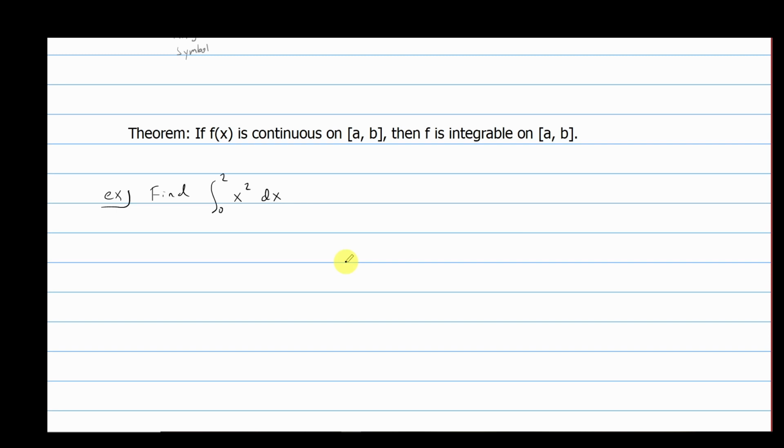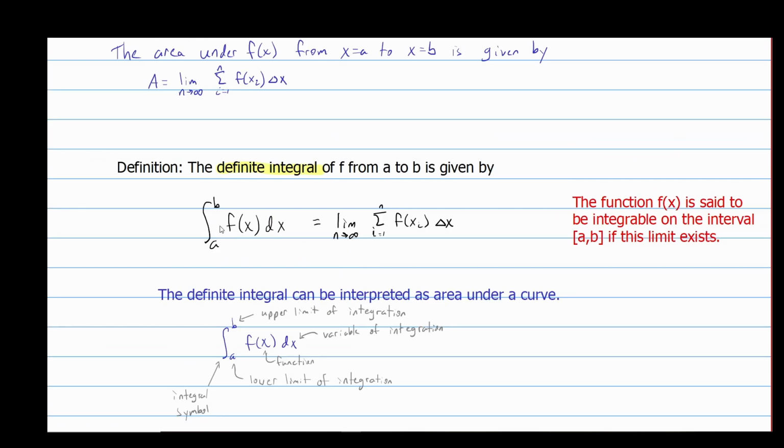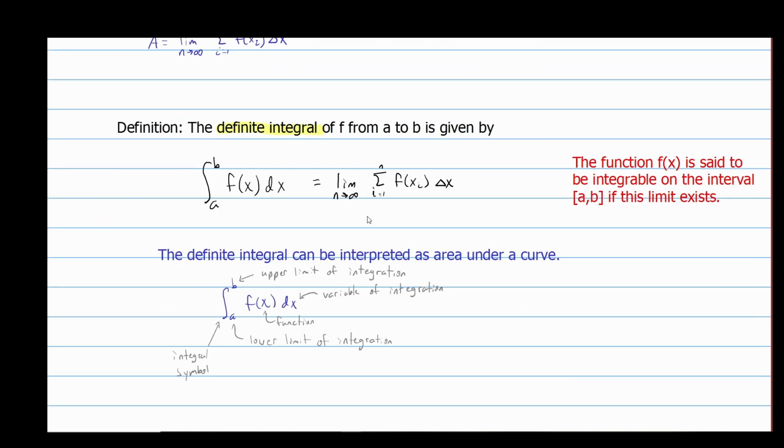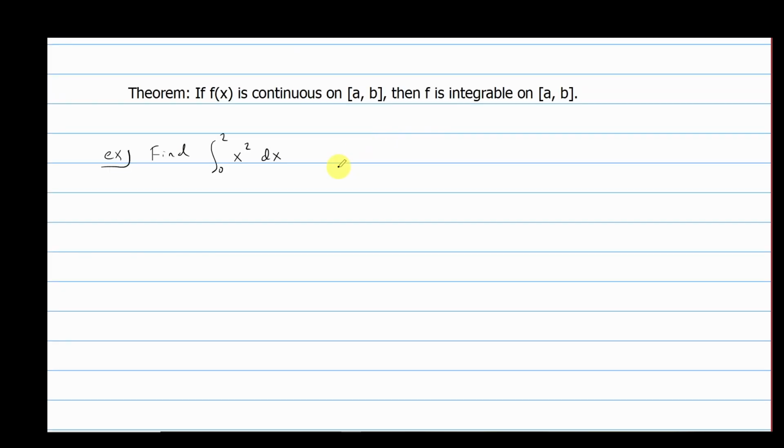So now we're going to find the exact area, because our integral is defined by this limit, and this limit, we said, is defined to be the area under the graph. So let's walk through how to find an integral using the limit definition. And that's the key part here. In the next section, we'll figure out a shortcut method, just like we did for derivatives. But right now, we're going to see if we can do this using that limit definition.